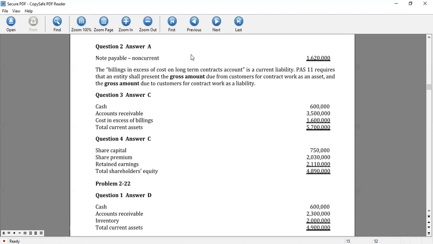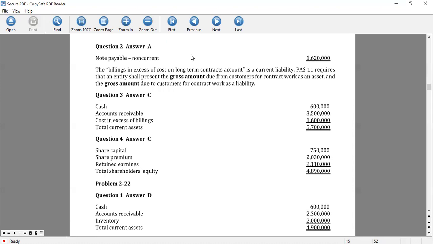Next, we have question number 4. Total shareholders' equity. In question 4, requirement 1, we have now the share capital for 2,030,000 given, for the given shareholders' equity.